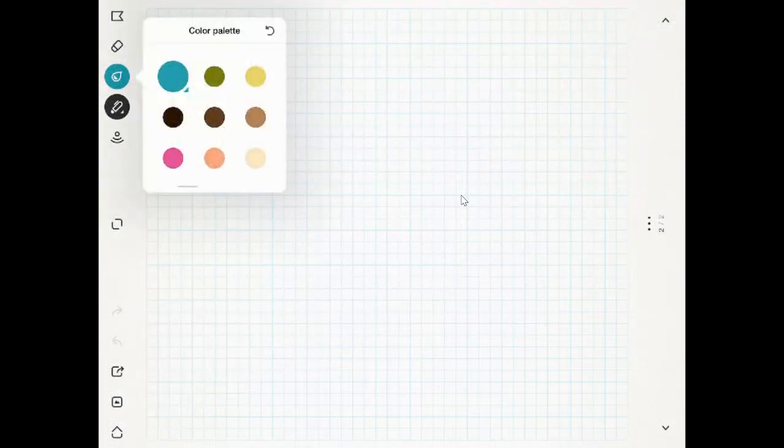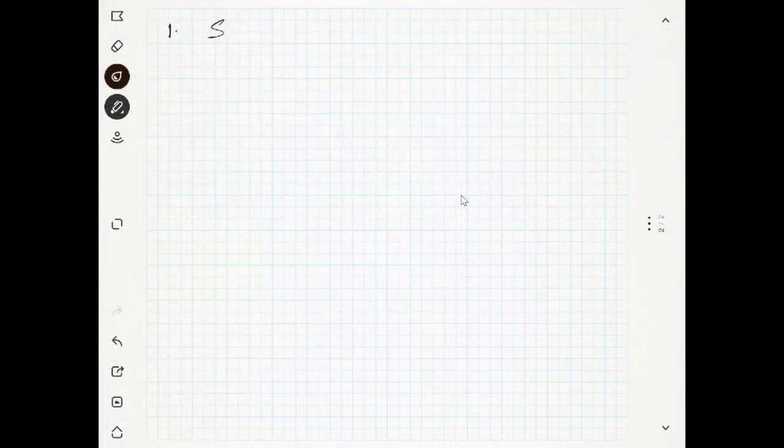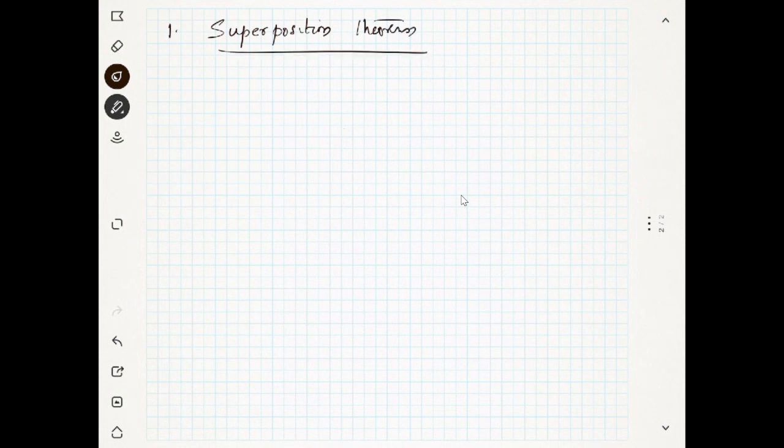Yes, the first one we are going to discuss is the superposition theorem. We will use this in a linear network. If the network is non-linear, if you have a non-linear component like a diode, for example, we have seen one example, you remember, then you cannot use it.